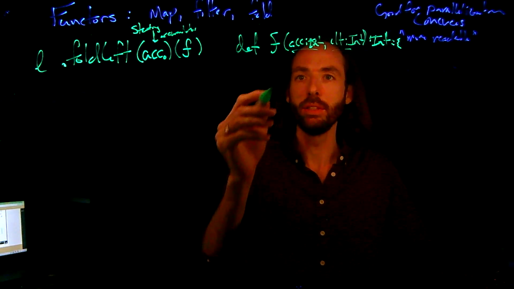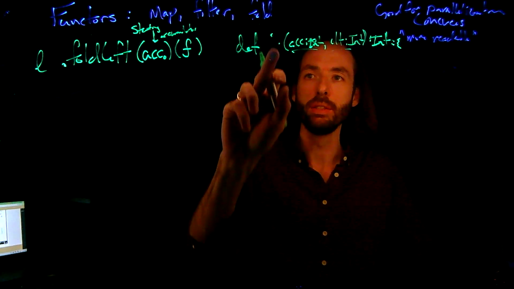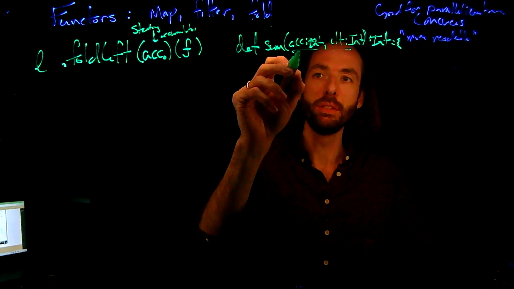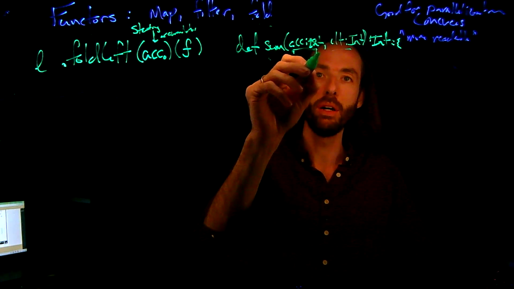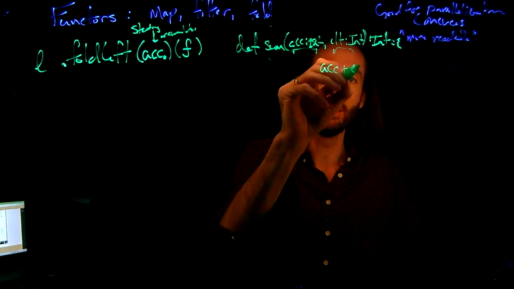Okay, so yeah, what does this do? Let's do the summation, right? So let's say f is going to be sum. And so what does it do? It's going to take the accumulator. This is the current sum so far, and the element, and we're just going to pass back accumulator plus element.